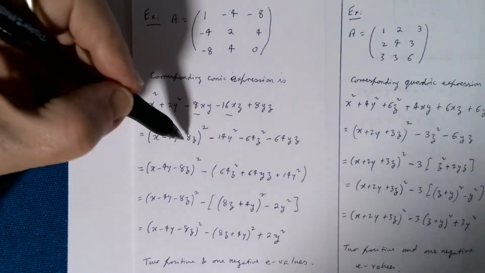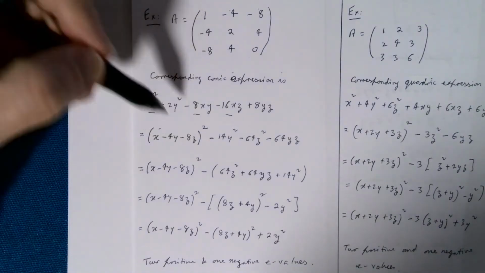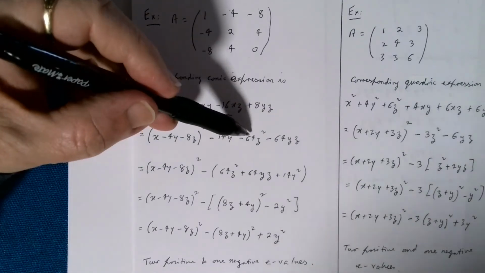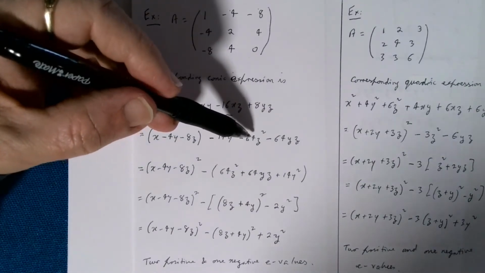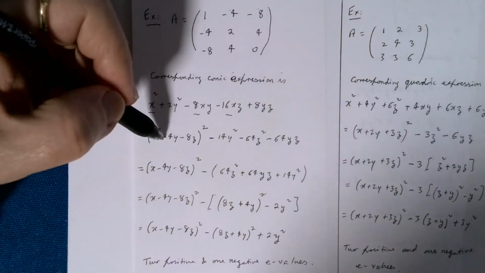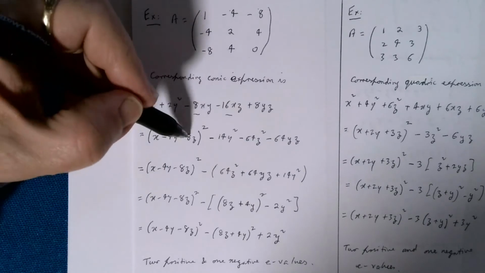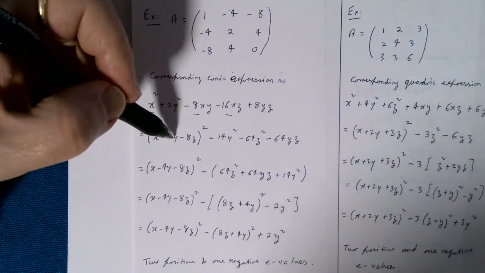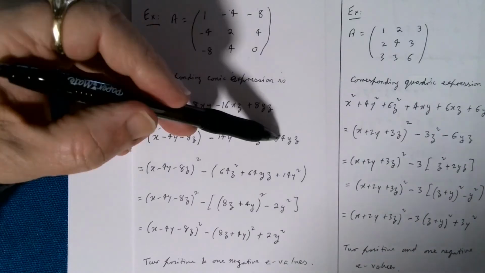I'm going to get this squared, which is 64z squared. There were no z squareds here, so I better subtract off 64z squared. And also I'm going to get twice the product of these two, so the two minuses will give me a plus. 8 fours are 32 times 2, so I'll get a plus 64yz, and I have to subtract off the 64yz.